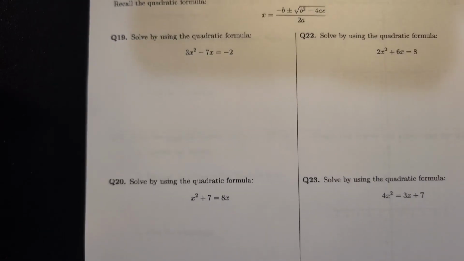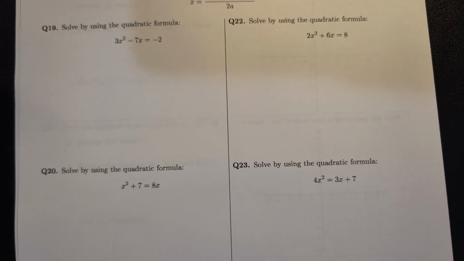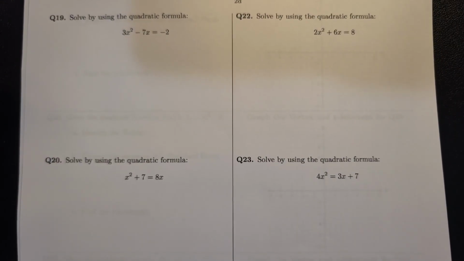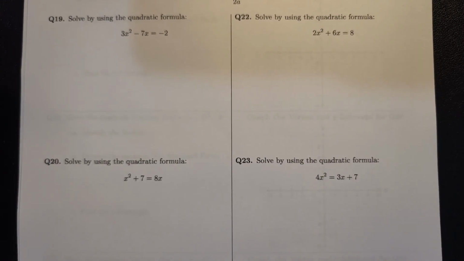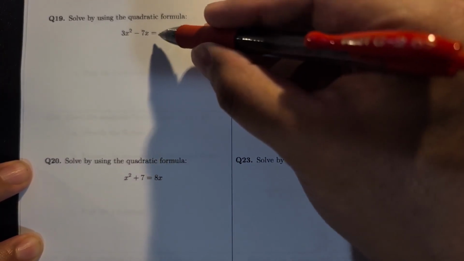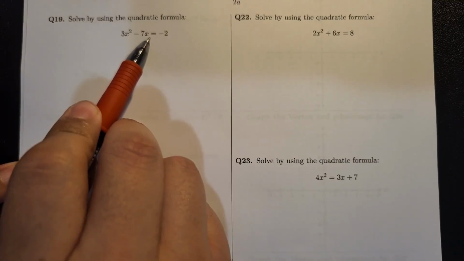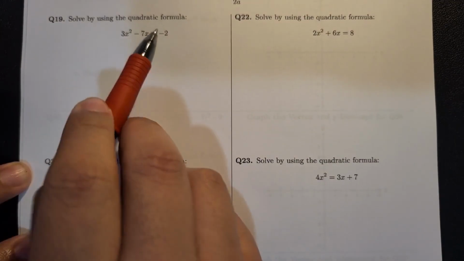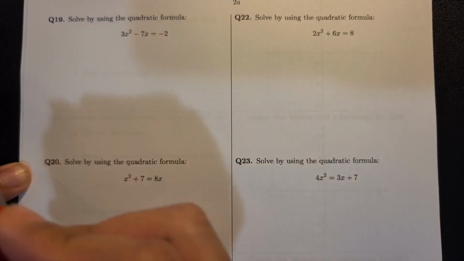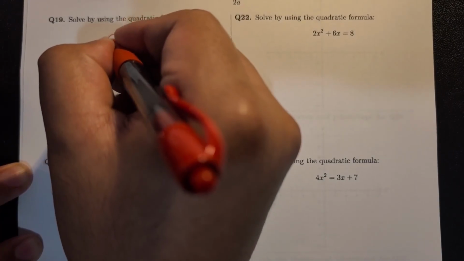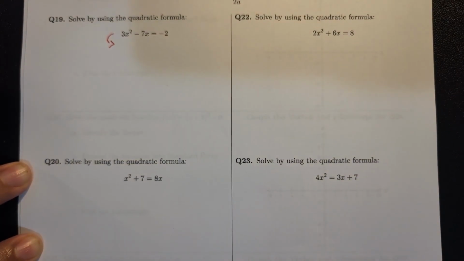Let me do the first one. Okay, question 19. What we want to do is, notice that this is not equal to 0, meaning it's not in standard form. So what we need to do is get everything on one side of the equation.